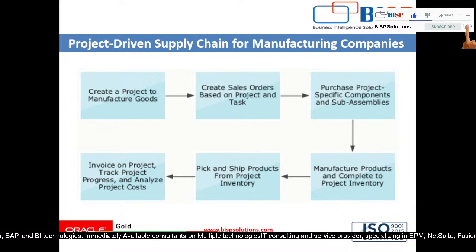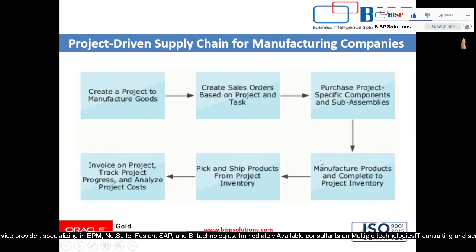So first we create the project to manufacture the goods, right? So we have to create this sales order, and after that, based on this sales order, we purchase our specific components and subassemblies, right? Now we manufacture our goods, we complete them into the project inventory, right?